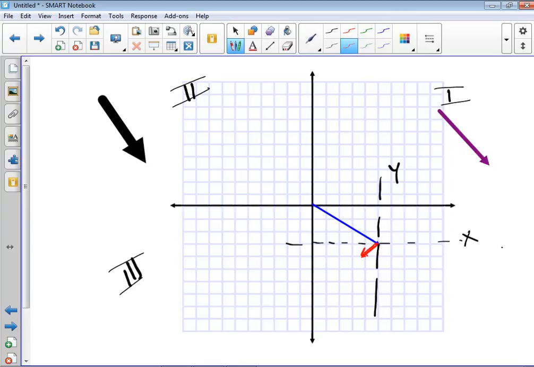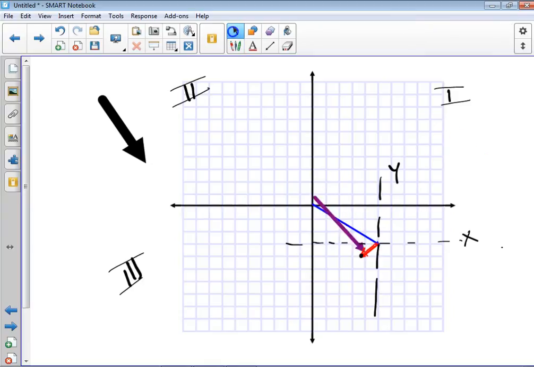And then wherever you end up is where you're going to draw this vector. Notice it's the same either way. So let's put this guy back. So the sum of the blue and the red is the purple. Look at that color: blue, red, purple. Well done.